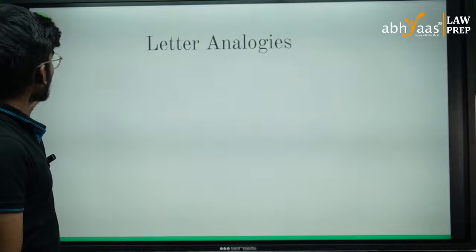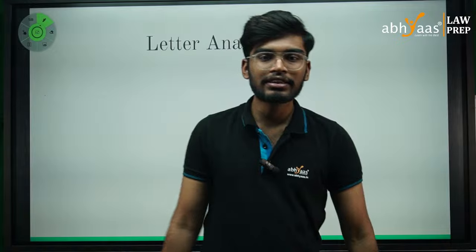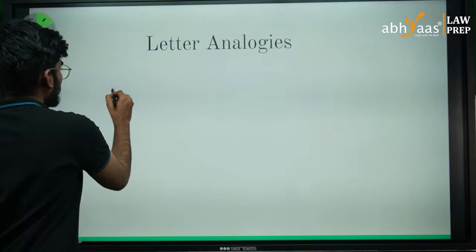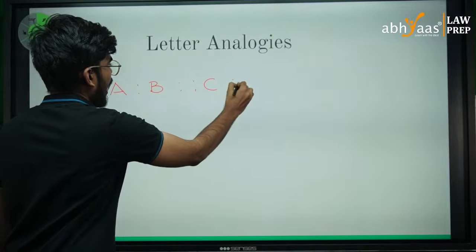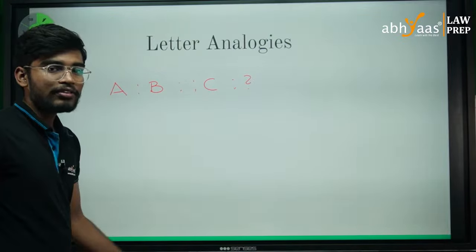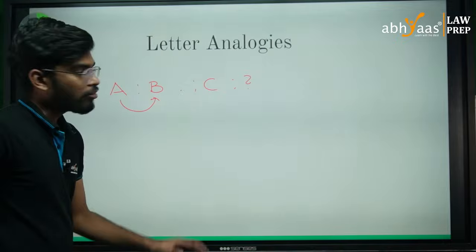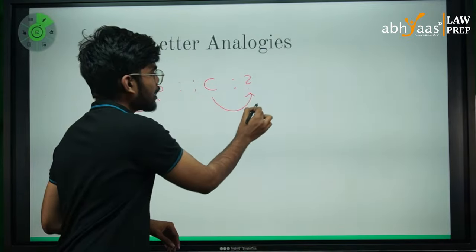Anyway, letter analogies. What will be the type of questions asked in letter analogies? Questions will be like A, B, C, and a question mark. That means if the first letter is A, then the second letter will be B. Following this pattern or logic, what will be the fourth letter if the third letter is C?